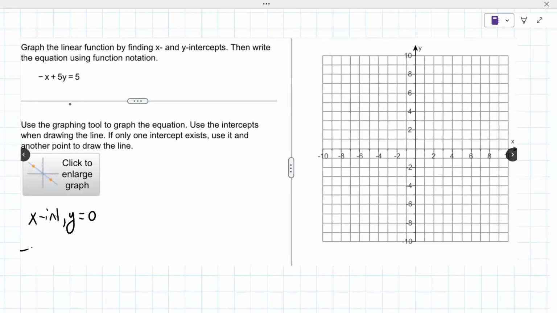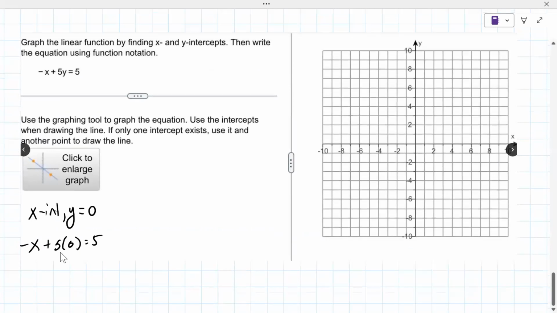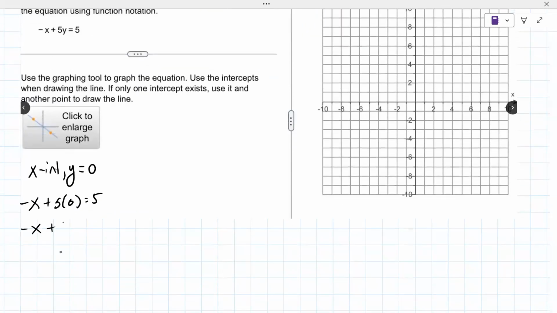So it becomes -x plus 5 times 0 equals 5. Anything times 0 is 0, so this becomes -x plus 0 equals 5. And then you're still solving for x, but you have a little bit more to do this time. You have to divide or multiply by -1 to cancel that out. So x equals -5.